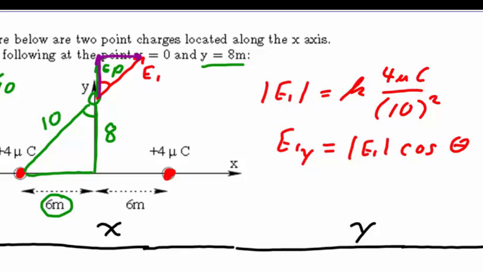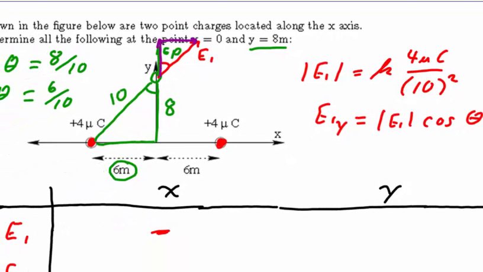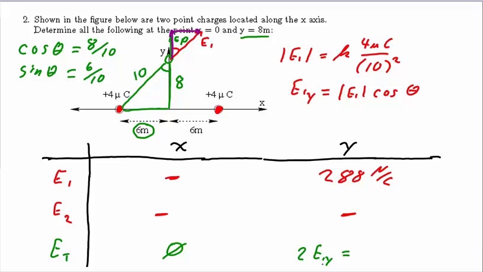Plugging in the numbers, 9 times 10 to the 9 for K, 4 times 10 to the minus 6 for the charge, and 8 tenths for the cosine, we find that E1y is equal to 288 newtons per coulomb. This means that our final result, twice E1y, is 576 newtons per coulomb, and we're done.